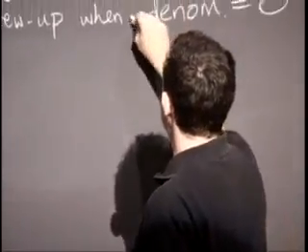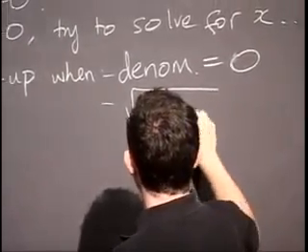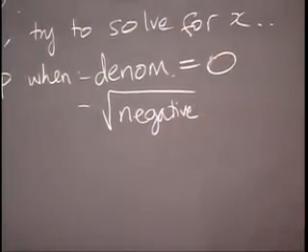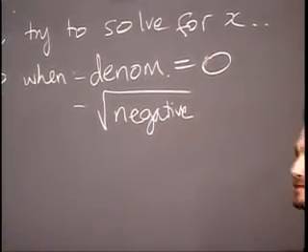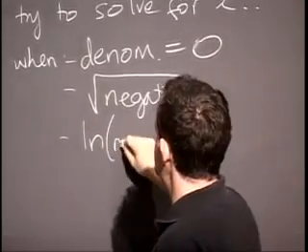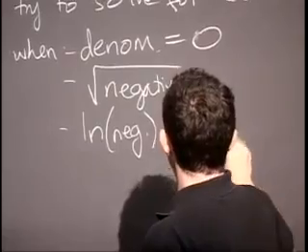You can't really have 0 on the bottom, so that is a problem. Also, you cannot take the square root of a negative number. That's bad. That will certainly cause a point not to be in the domain. The other common possibility is that you can't take the logarithm of a negative number or even the log of 0.